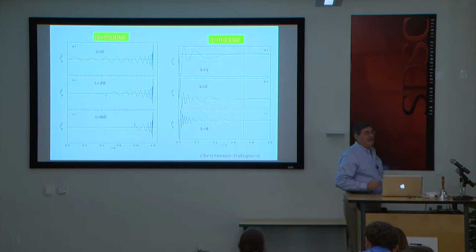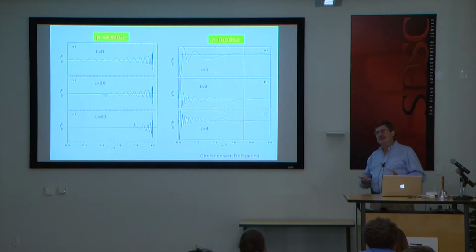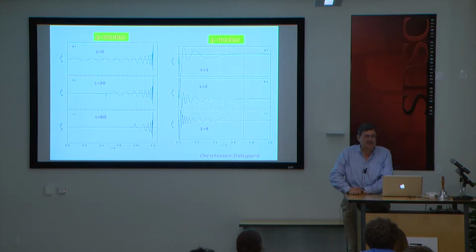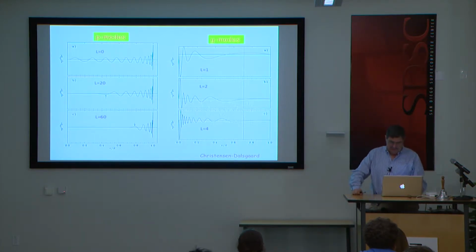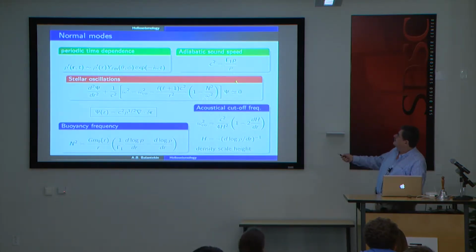So this is one way that you get information about the sun. And by observing these P modes, you can directly compare with your calculations. And then you can determine the sound speed in the sun quite accurately. If you remember the expression for the sound speed, once you determine the sound speed, you basically determined the ratio of pressure to density.